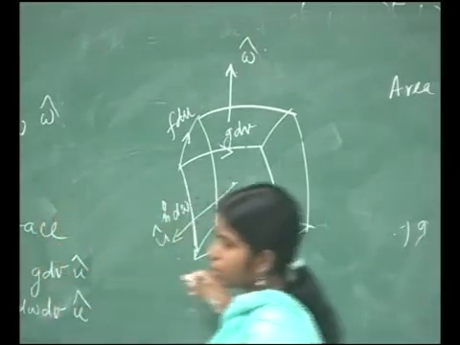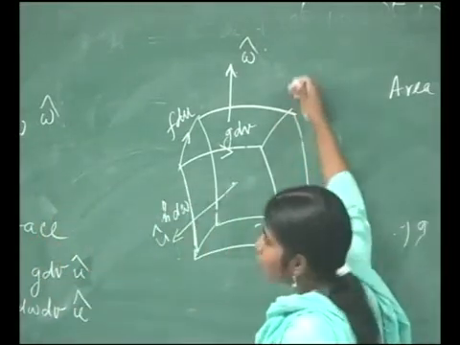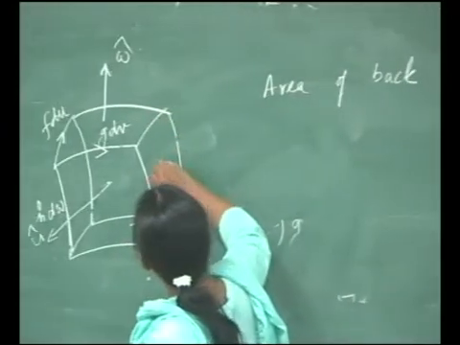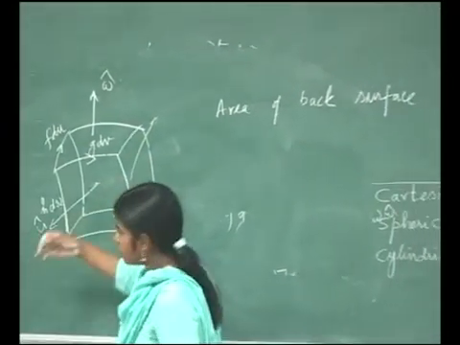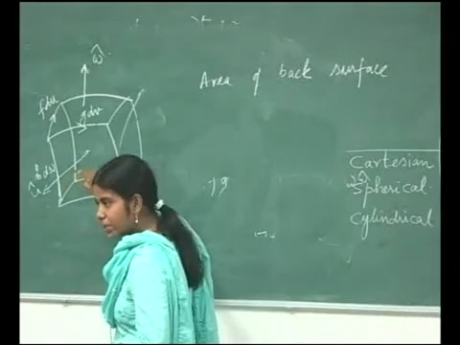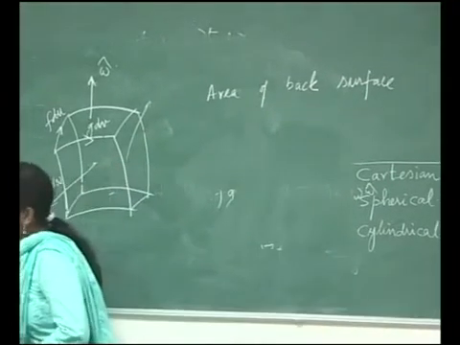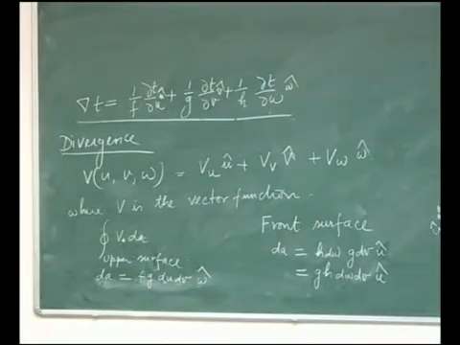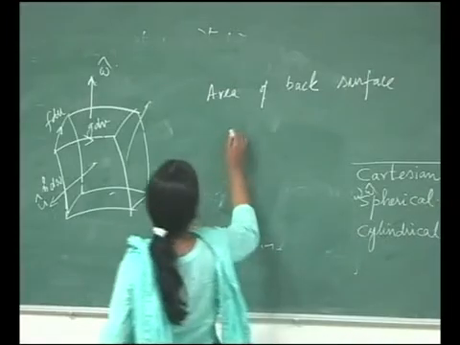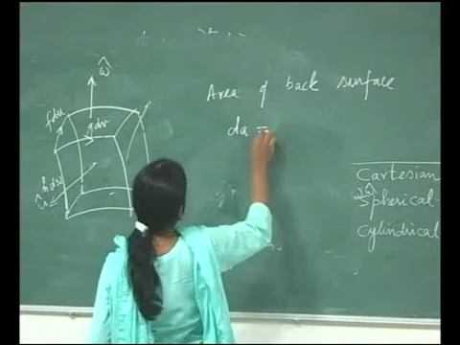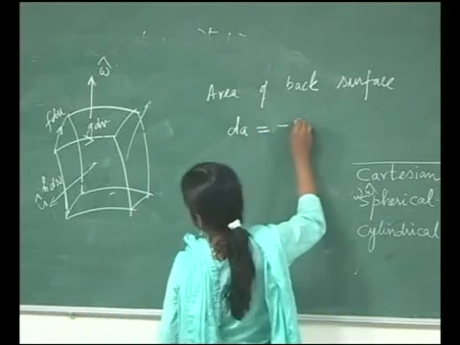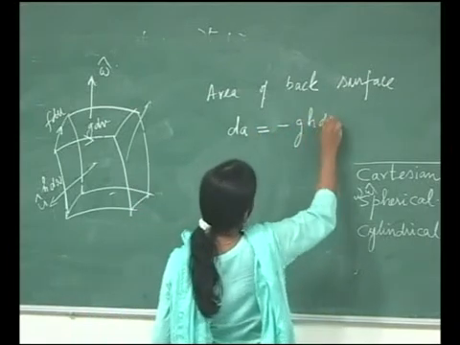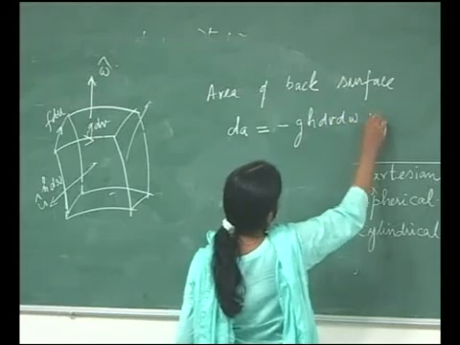Now you will be looking at the surface from there, so the direction that was outwards would be inwards. The magnitude remains the same, only the direction changes. Is it clear? So dA for that would be minus GH dV dW U cap.